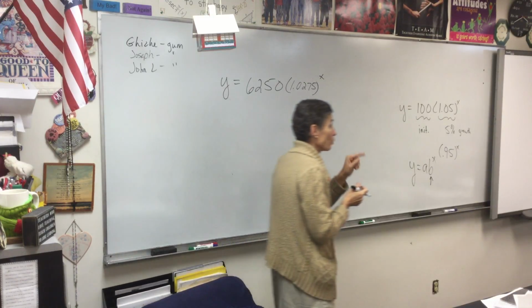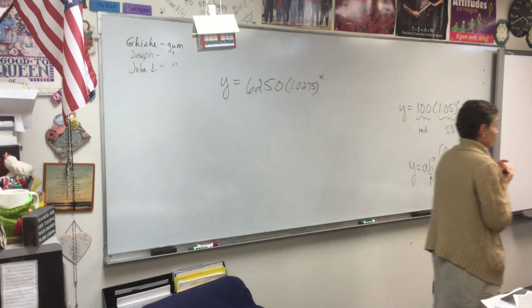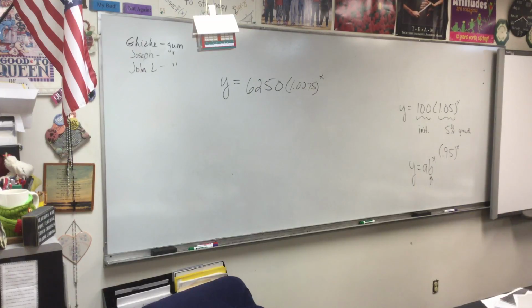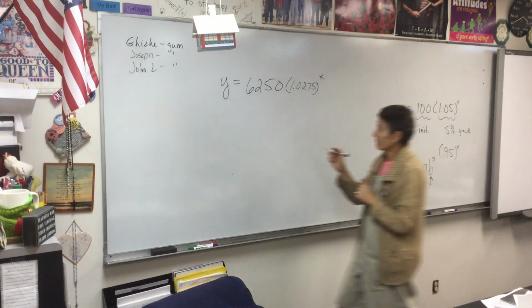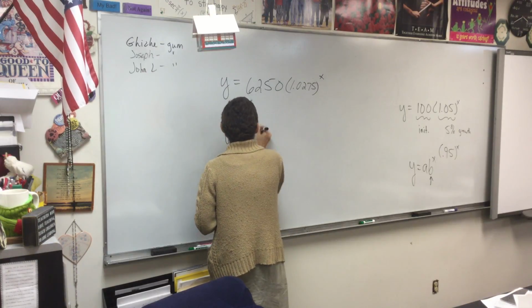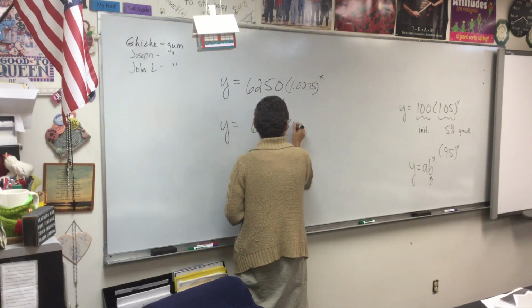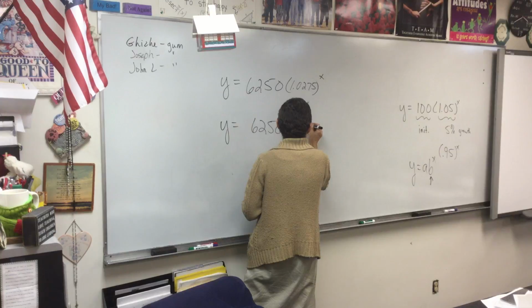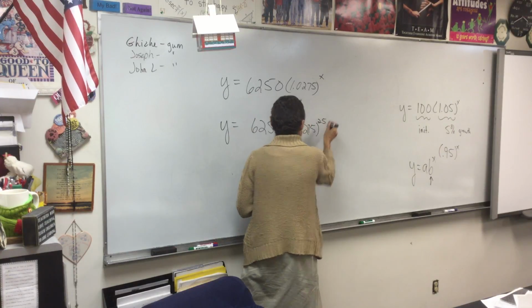Why am I plugging in 25 for x? Because 1915 is 25 years after the initial value, right? So that's why we're putting in 25 for x. X is the number of years past, and so it's 25.